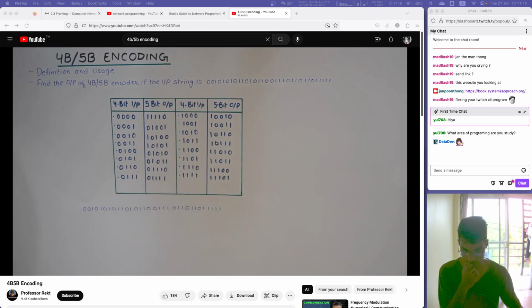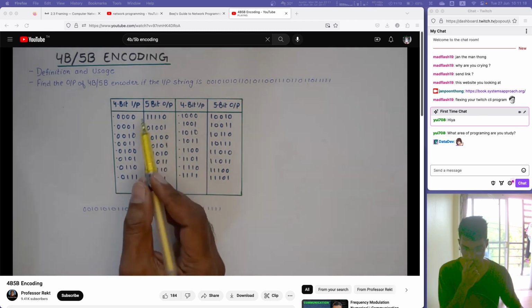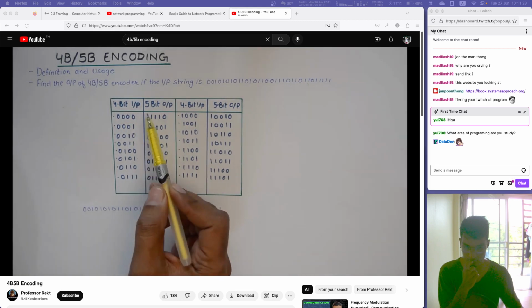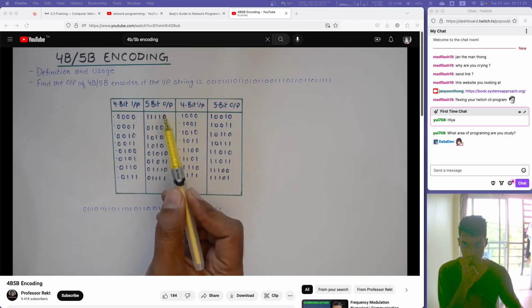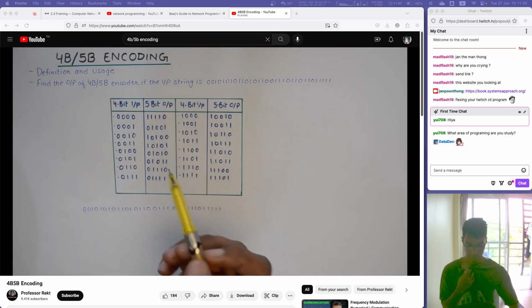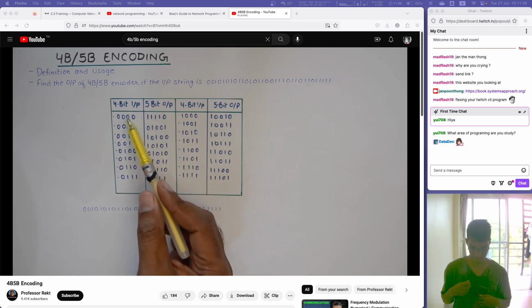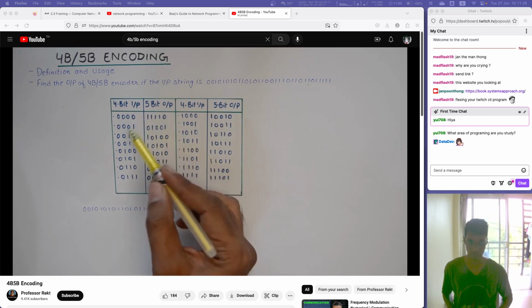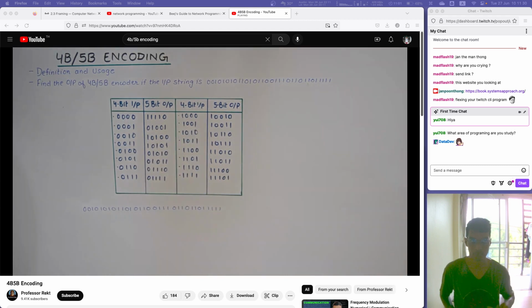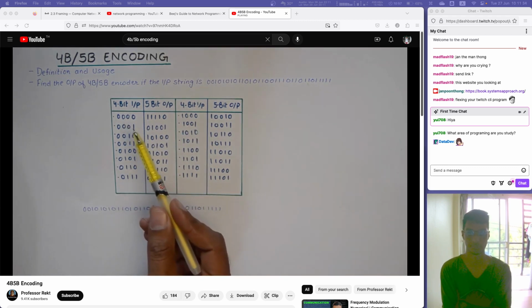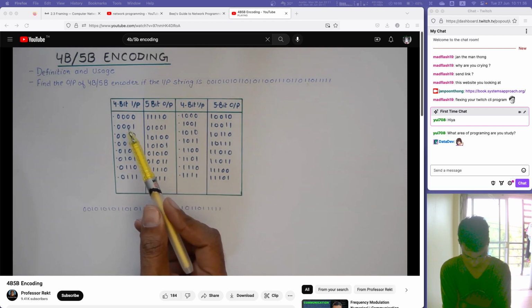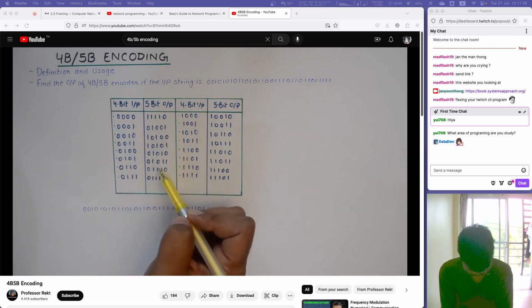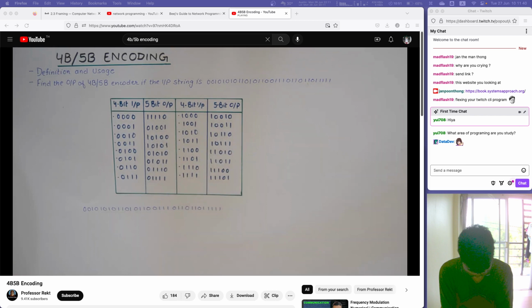Now, this encoding scheme takes a 4-bit input and generates a 5-bit output. So with 4 bits of input, we could have 16 possible combinations that I've written here. And for each of the possible input values at the encoder, the output is uniquely defined as in the table.